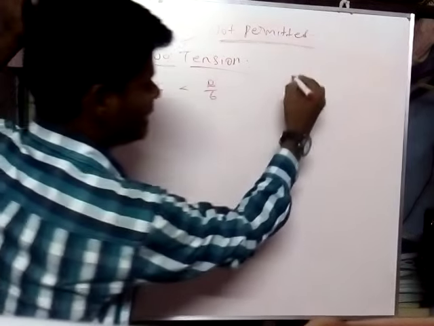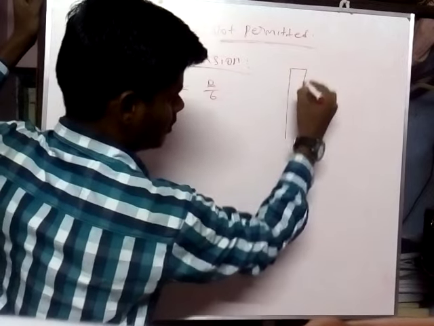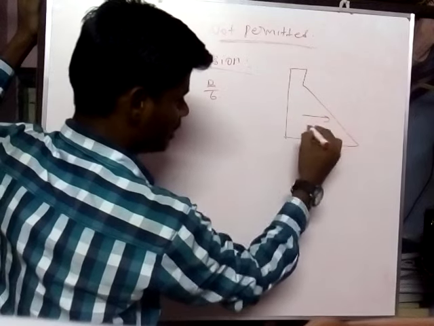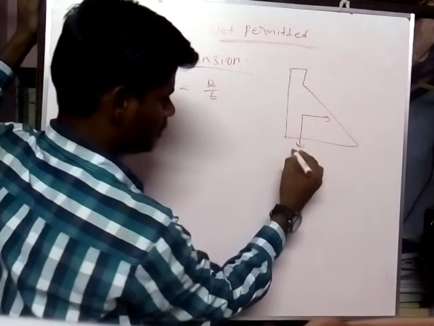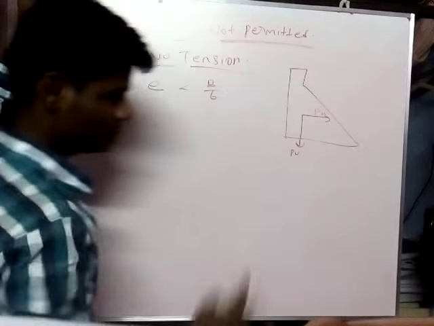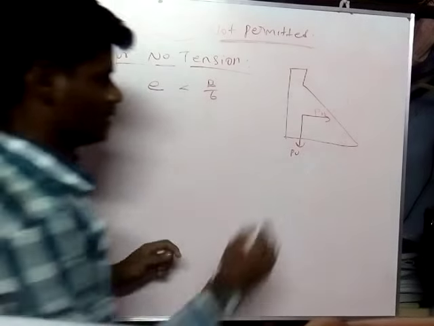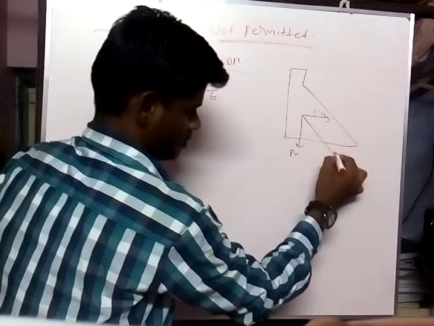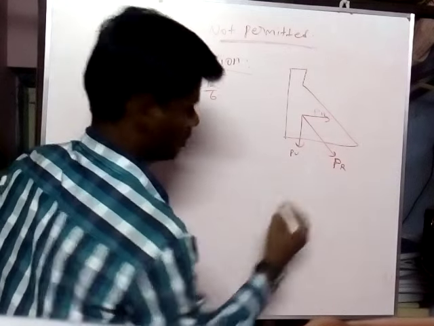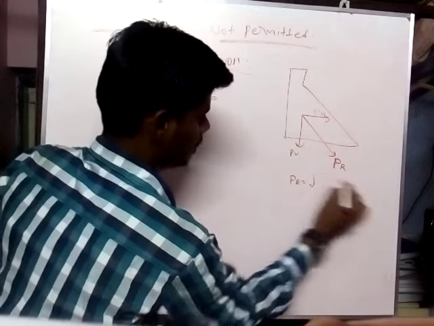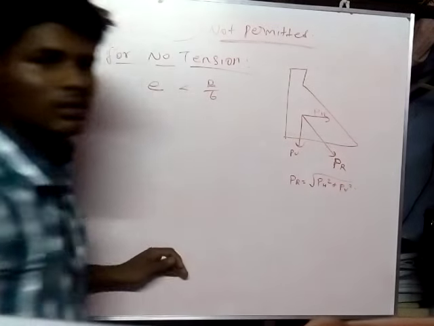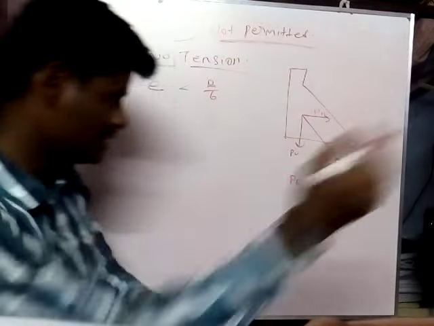What is B? What is E? This is the dam. This is our horizontal force PH and this is the vertical force PV. That is the resultant force, PR. So PR is equal to root of PH square plus PV square. What is eccentricity?